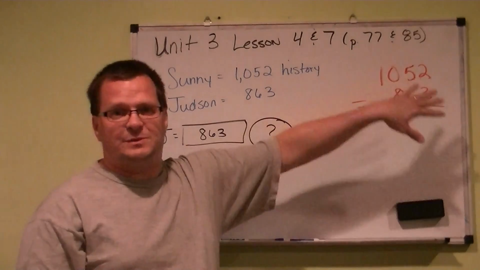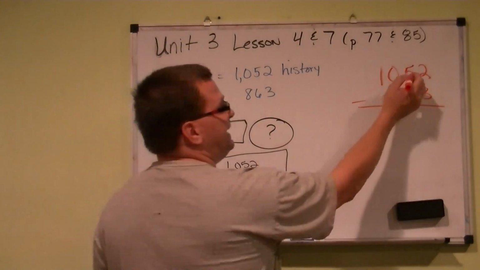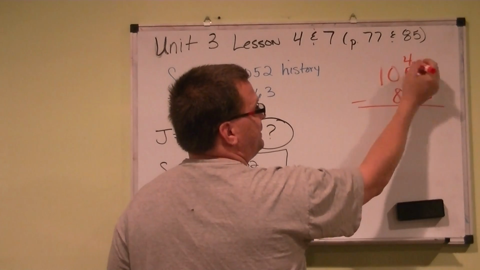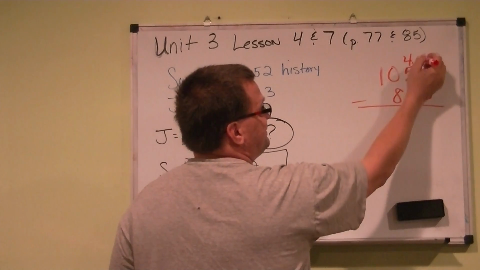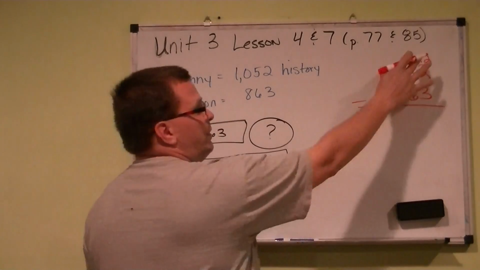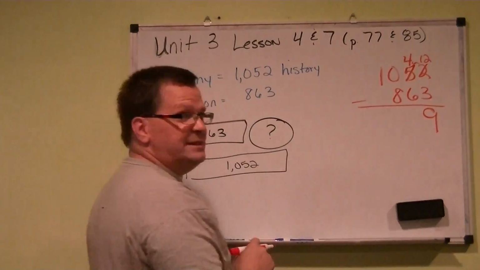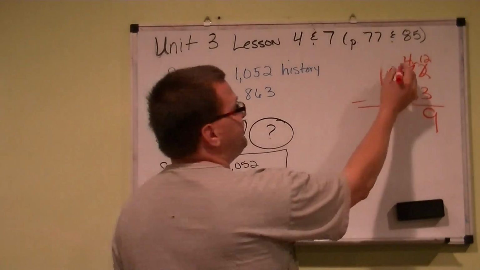We know 2 minus 3 can't happen, so we have to go over to the 10s spot and borrow. Cross that out, make that a 4. Add 10 to the other one, make it a 12. 12 minus 3 is 9. 4 minus 6 cannot happen again, so we have to go to the 100s spot.